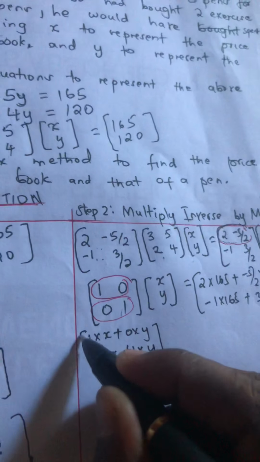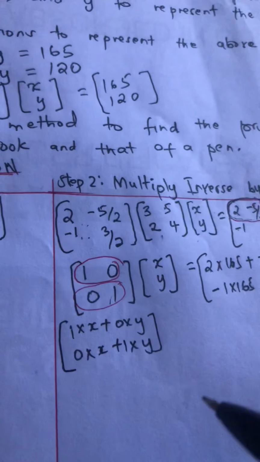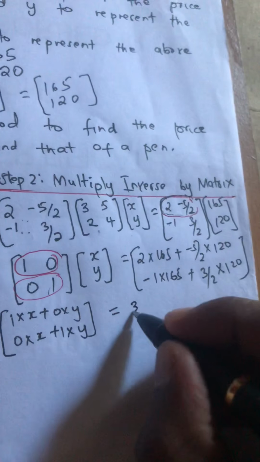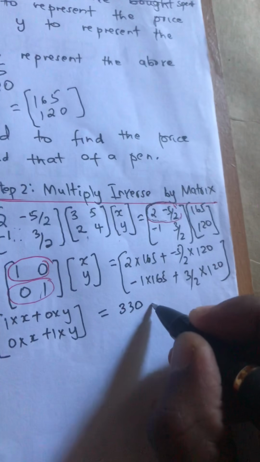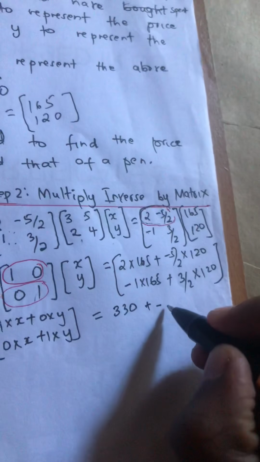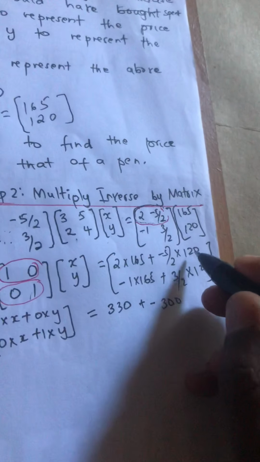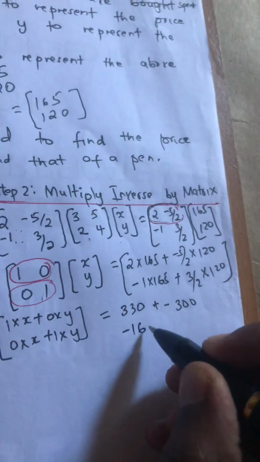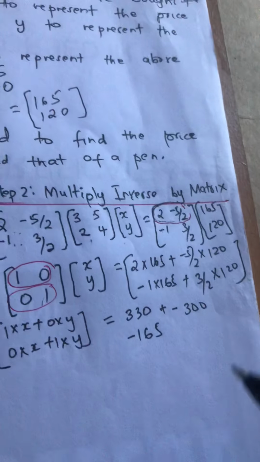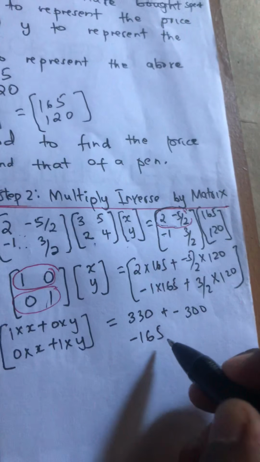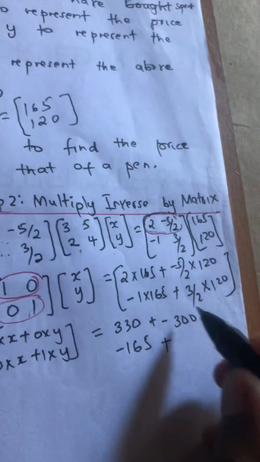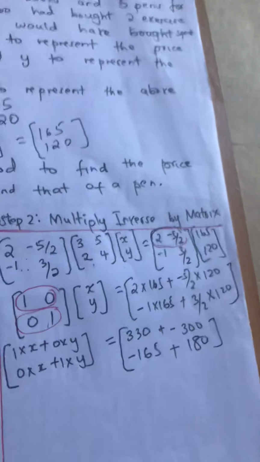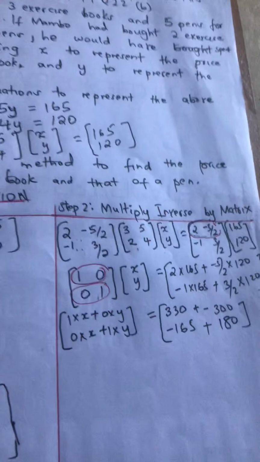That is equal to 2 times 165 is 330 plus minus 5/2 times 120 is minus 300. Then minus 1 times 165 is minus 165, plus 3/2 times 120 is 180.